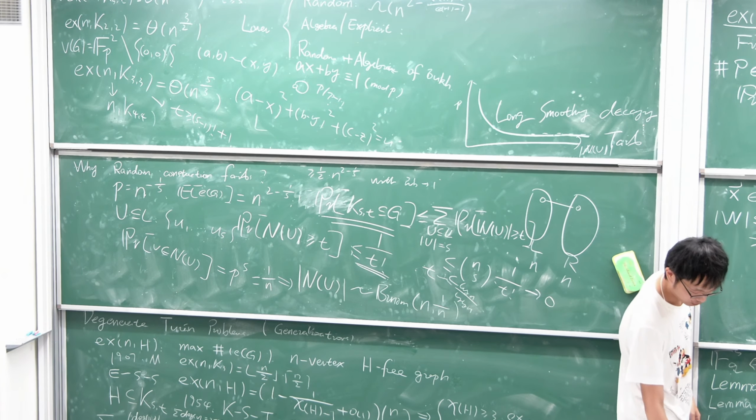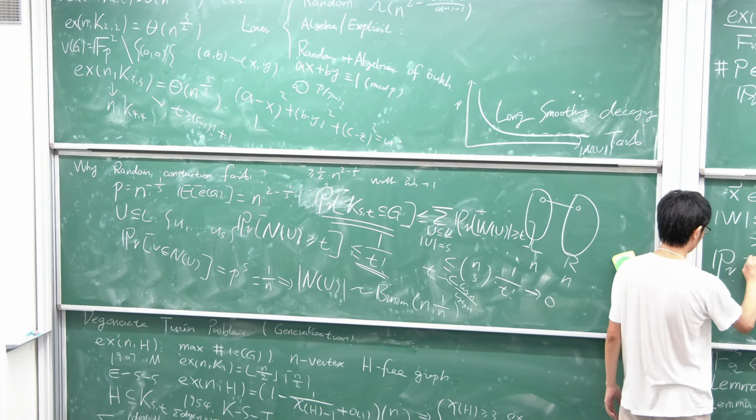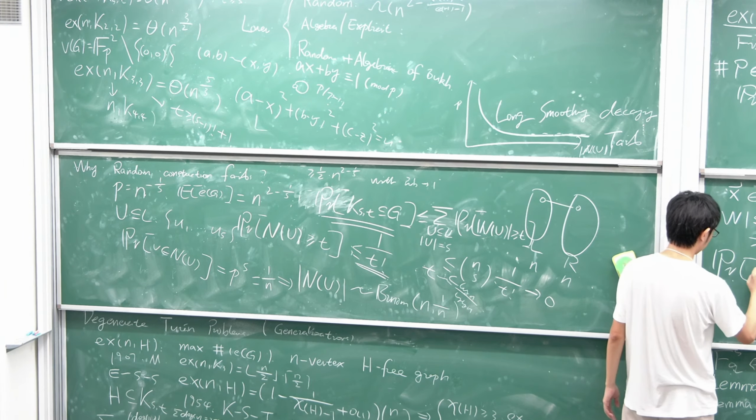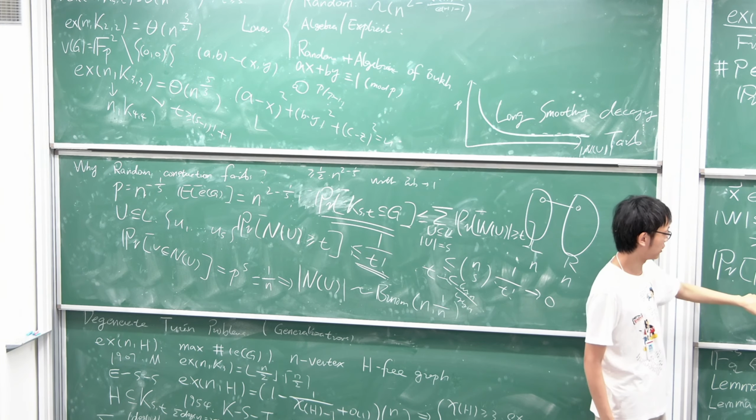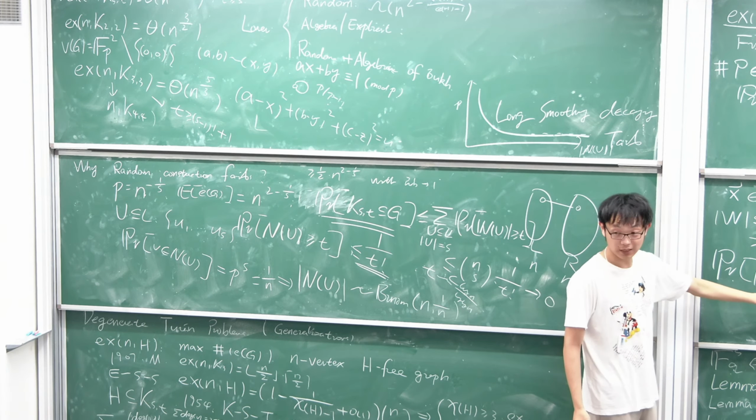So a key step is that now we want to bound the probability. By this, we can see the probability that W is at least capital C plus 1 is equal to the probability that W is larger than Q over 2. Okay, so this is the same.